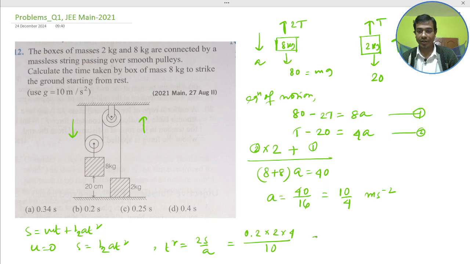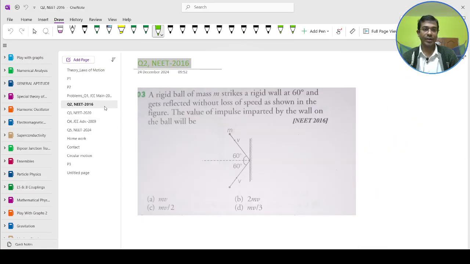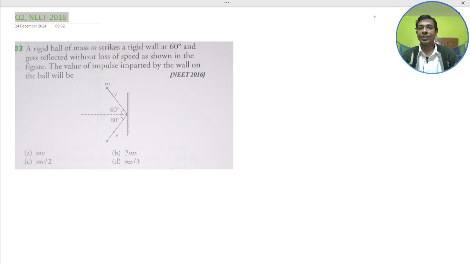This will be t square, so t will be 0.4 second. You just do it yourself. t will be 0.4 second. So I think D would be your correct answer. Go ahead. Next one, NEET 2016.